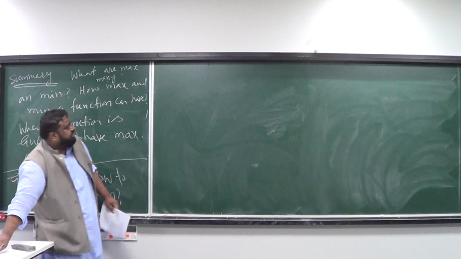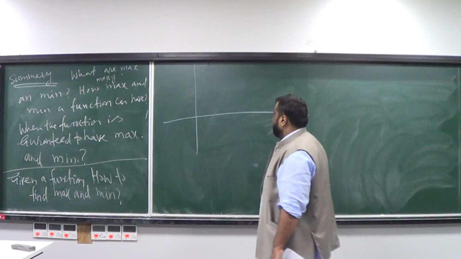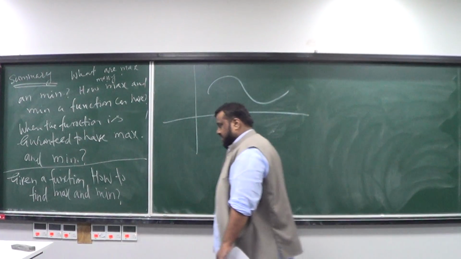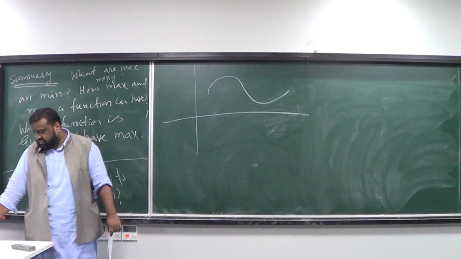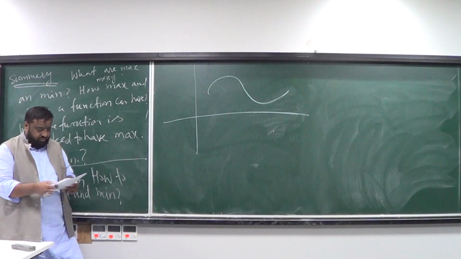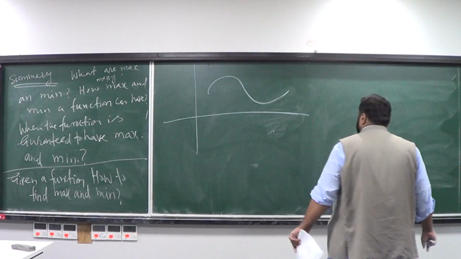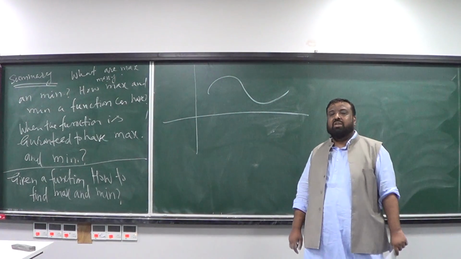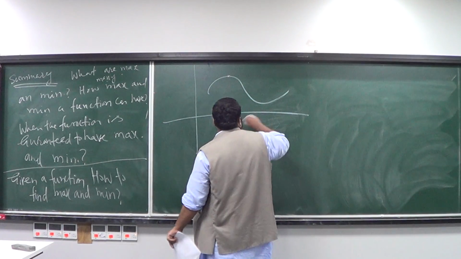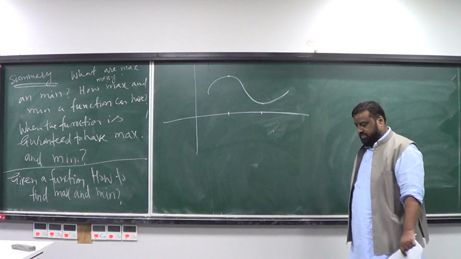Let me draw a curve and ask a question from you. Imagine a curve like this. I know this function has a maximum and a minimum. So the maximum occurs at this point and this is the maximum value, and the minimum occurs at this point and say this is the minimum value for this function.